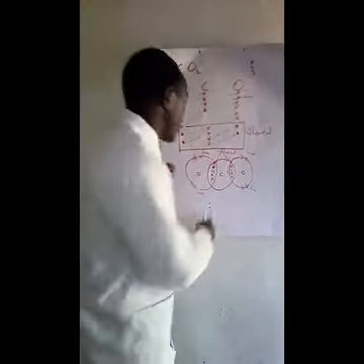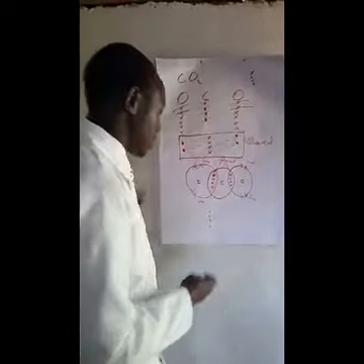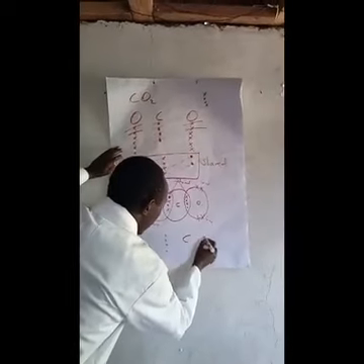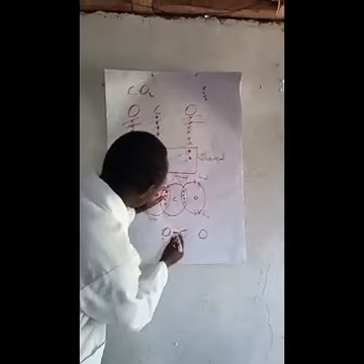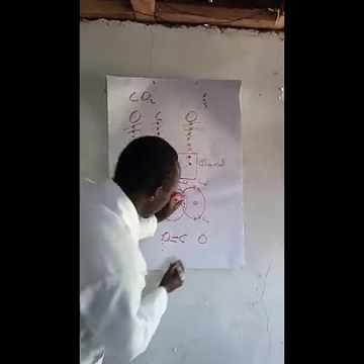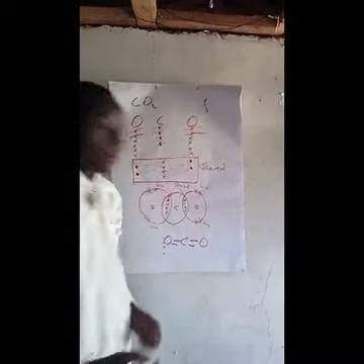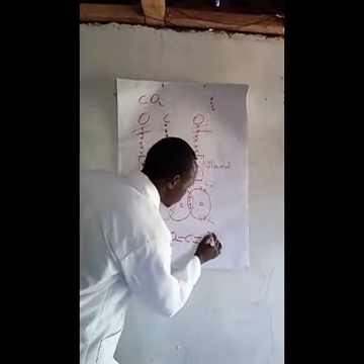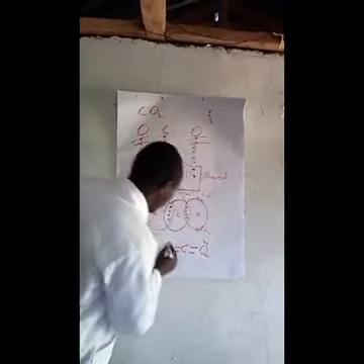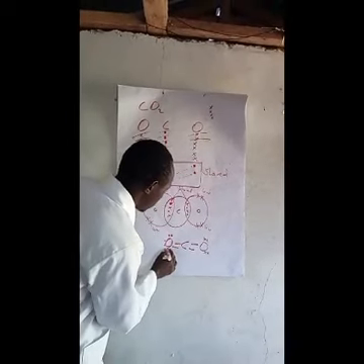So to represent this, we have carbon, oxygen, and oxygen. The shared pairs are here, here, and here. You can show the lone pairs if you like.